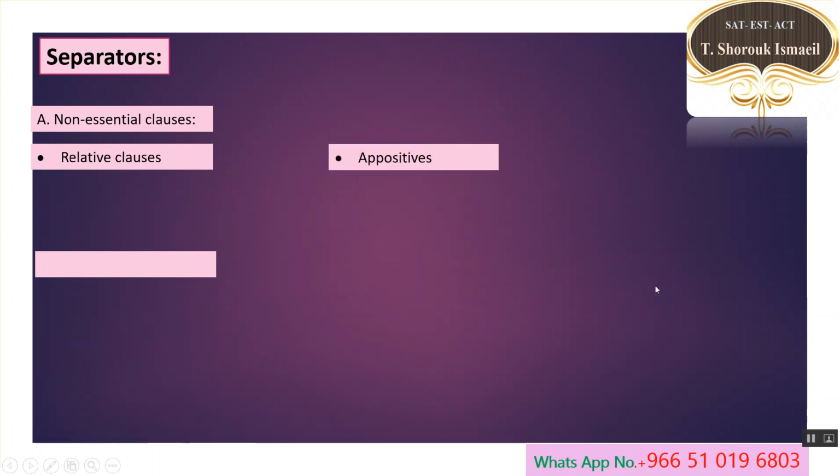The first one is relative clauses, which means a clause with who, which, that, where, whose, and when. All of these are relative clauses. And the appositive is a kind of phrase that starts with a noun, a noun phrase, that comes in the middle. That is the first separator you can find.